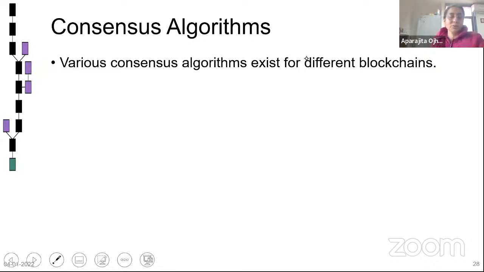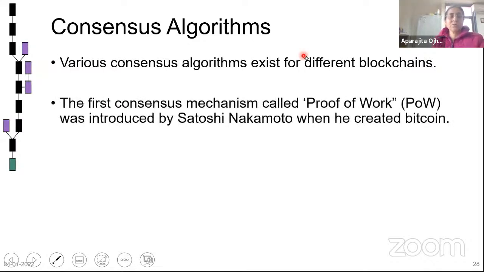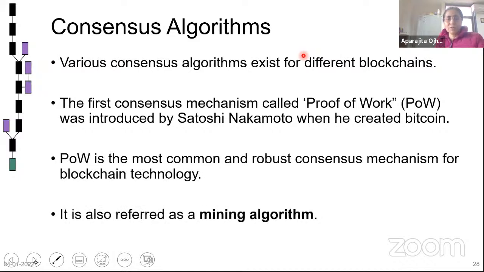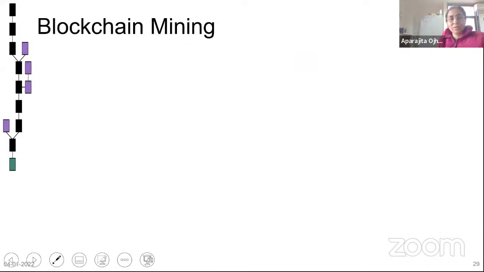Not small bugs only. The first consensus mechanism, called proof of work, was introduced by Satoshi Nakamoto when he created Bitcoin. Proof of work is the most common and robust consensus mechanism for blockchain technology. It is also known as the mining algorithm, right?